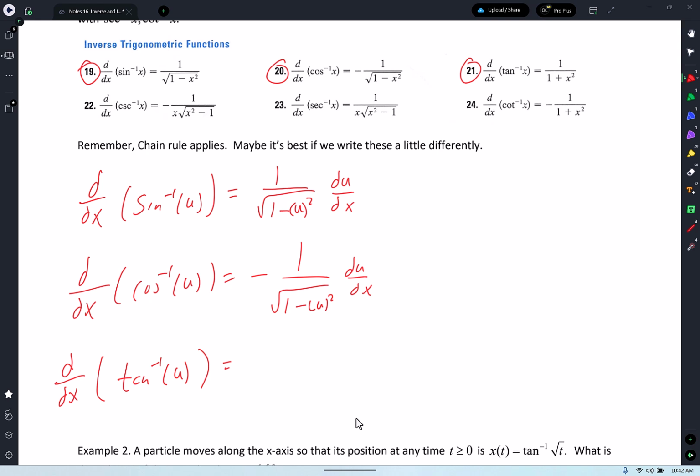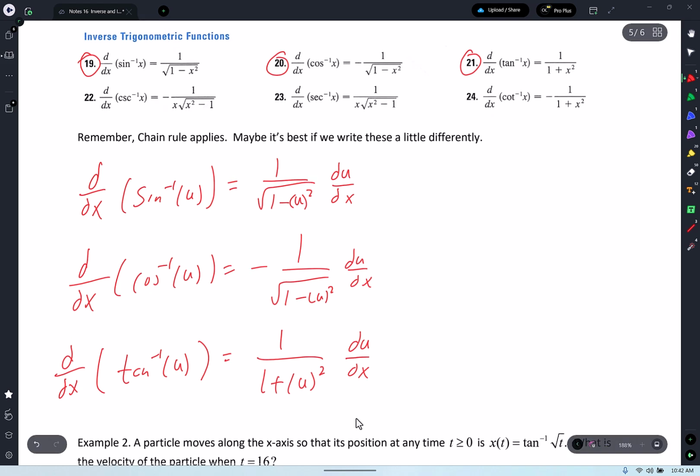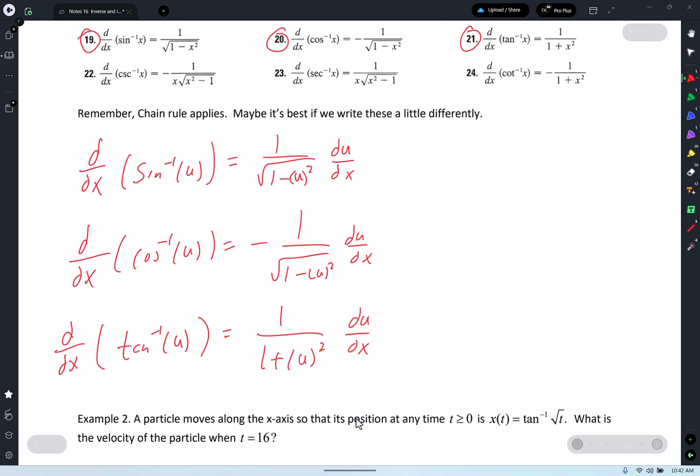Guys, it's the same. 1 over 1 plus x squared and 1 over x squared plus 1 is the same. 1 over 1 plus parenthesis u close it squared du dx. There it is. Cool or not cool? This is just chain rule. You know what I mean?